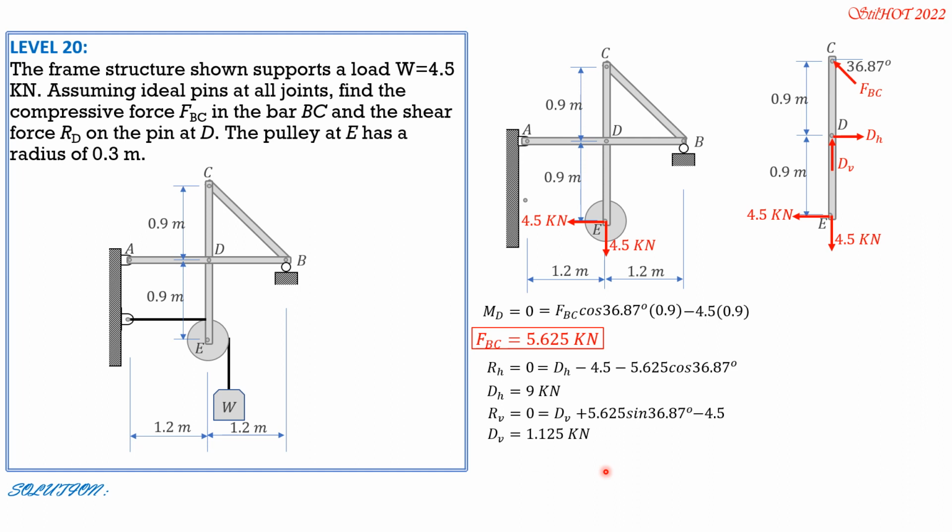Finally, the shear force at D is square root of DH square plus D sub V square. So square root of 9 square plus 1.125 square. So R sub D, or the shear force on the pin at D, is 9.070 kilonewtons. So that's it. I hope you were able to follow the solution.